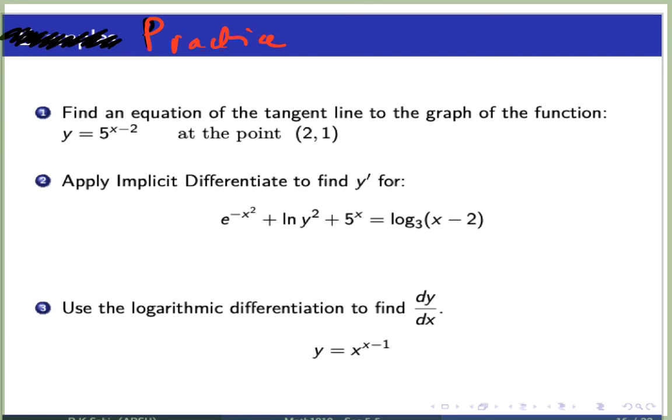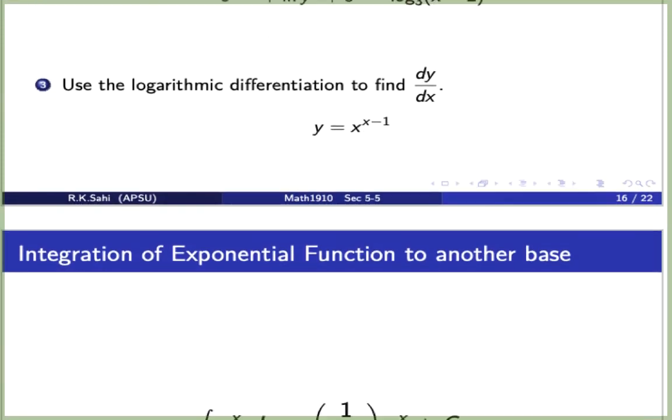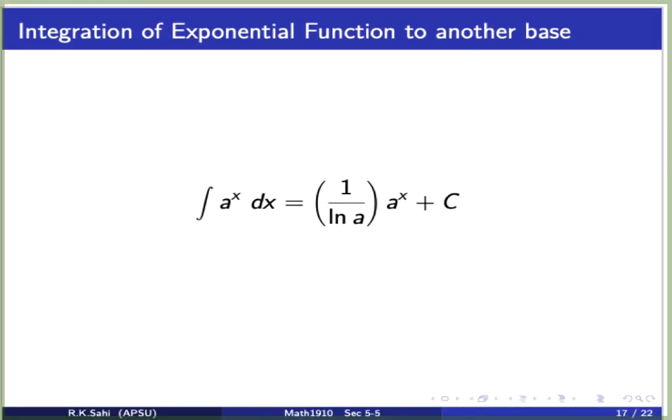Okay. Now let's go ahead and do some integration of exponential functions with another base. The formula is the integral of a to the power x dx is 1 over natural log of a times a to the power x.